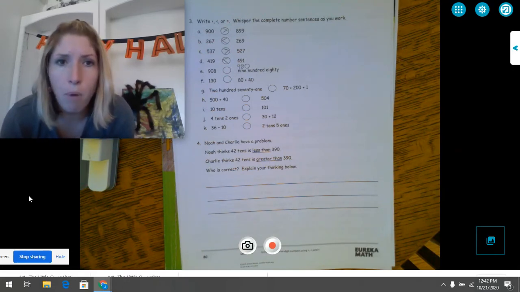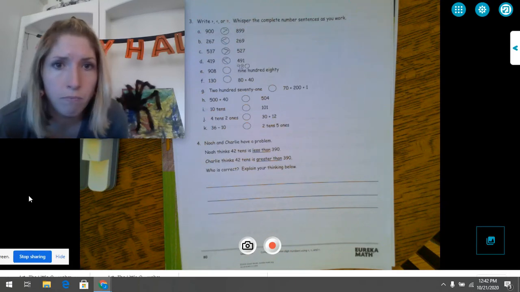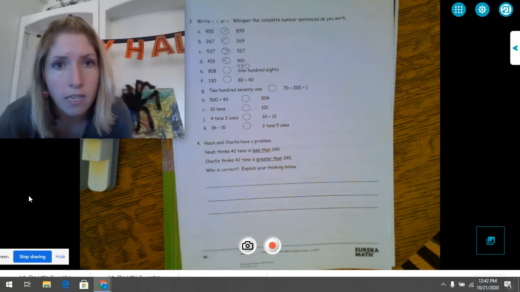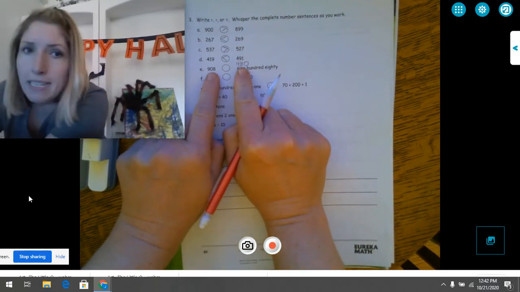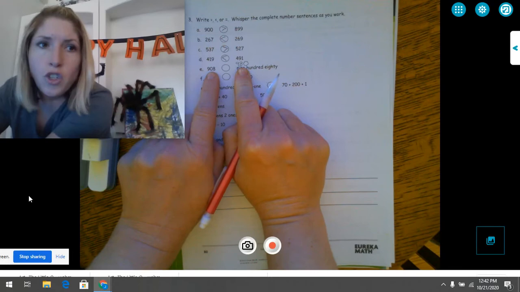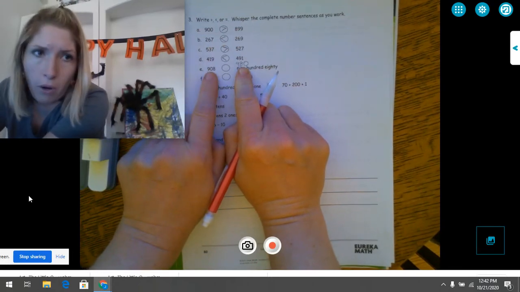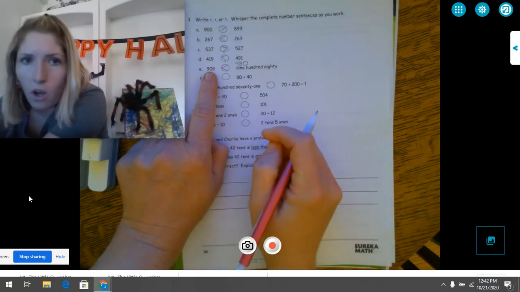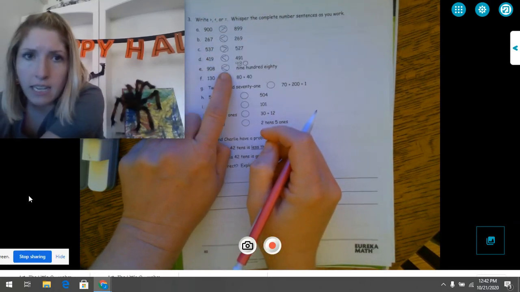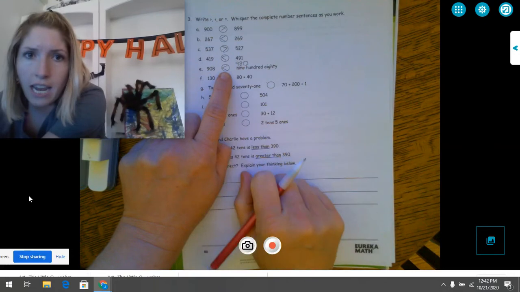So they both have a 9 in the hundreds place. So that's the same. So now we look at the tens place. This one has a 0 in the tens place, and this one has an 8 in the tens place. So which is greater, the 8 or the 0? The 8 in the tens place is greater. So now we're going to read that as 908 is less than 980.